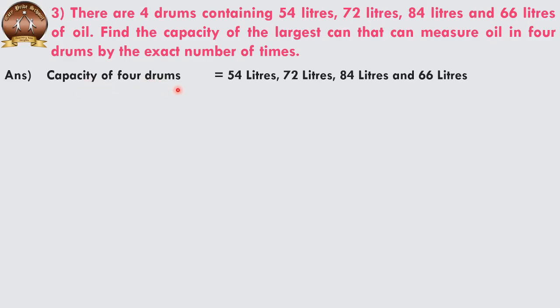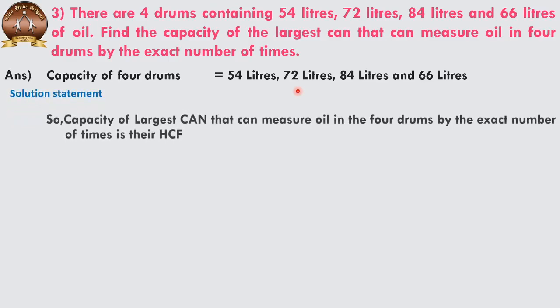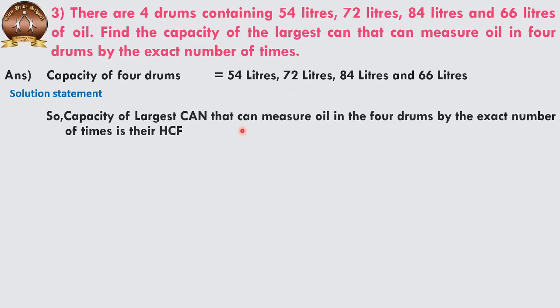Capacity of 4 drums is 54 liters, 72 liters, 84 liters and 66 liters. The solution statement here becomes: the capacity of the largest can that can measure oil in the 4 drums by the exact number of times is their HCF.